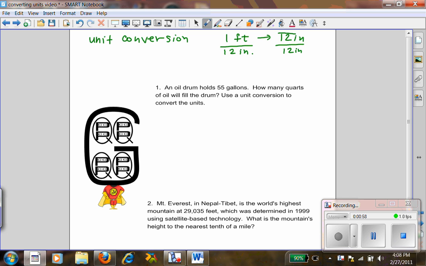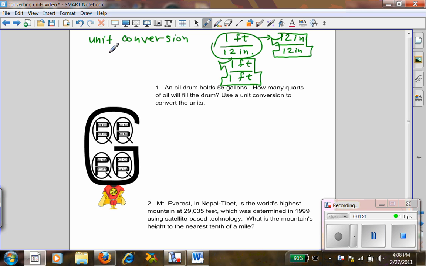So this is just a big fat Mr. 1. Or I could change this 12 inches to 1 foot because I know that's the same as 1 foot. So this is also a not quite as fat Mr. 1. So this would be considered my unit conversion.